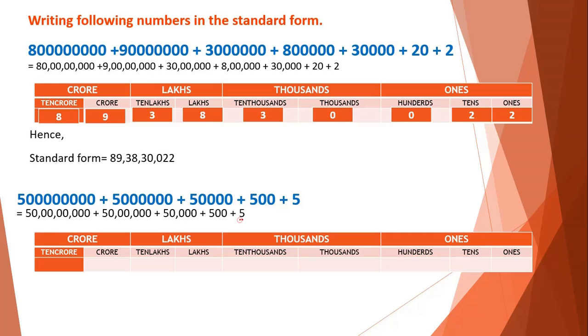We have 5 as the lowest number. 5 is in ones place, therefore I wrote it in ones place. After 5 there is 500. In that I skipped the zeros. The non-zero digit 5 is in hundreds place, but they are not given the tens, therefore I will write 0 in tens, and 5 in hundreds.